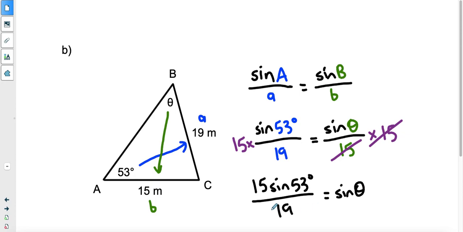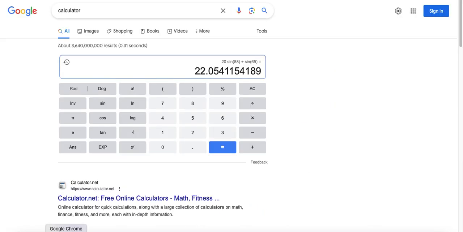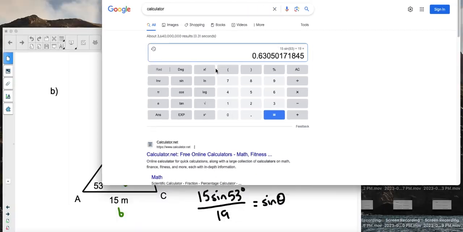Let's open our calculator back up and see what this is equal to. All right, 15 times sine 53 divided by 19 is equal to 0.631.